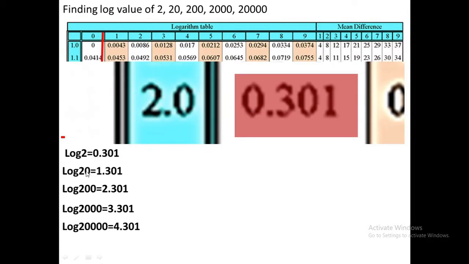If it is between 10 and 100, we write 1. If it is 1000 to 10,000, we write 3, and so on. For 20, we simply write 1, then put the decimal point, and then the same value 0.301. For log 200 it is 2.301, for log 2000 it is 3.301, for 20,000 it will be 4.301, and so on.